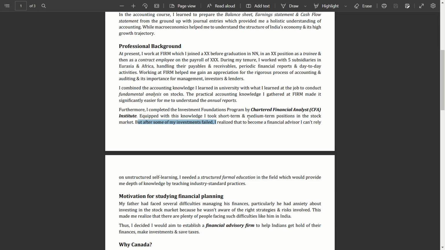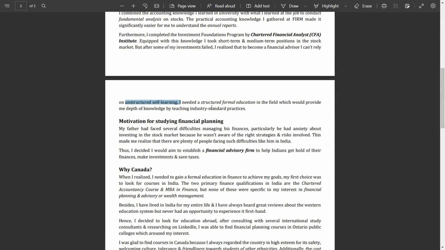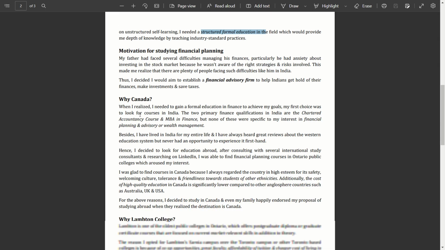I can obviously learn finance and stock market and financial planning through YouTube videos or anything, but my investments in the stock market failed, which made me realize that I can't rely on unstructured self-learning. This is another reason for me to look for a postgraduate diploma. So that helps to explain that. So that is the function.